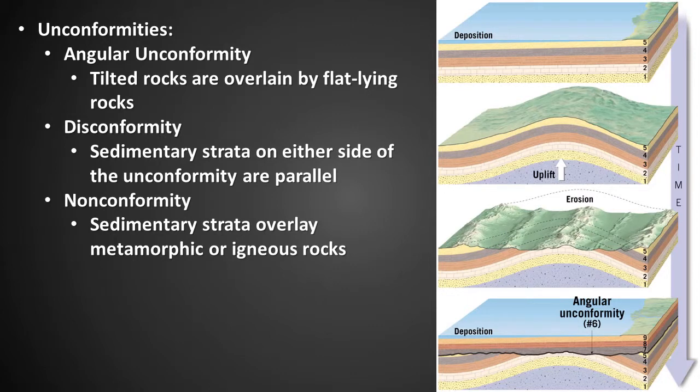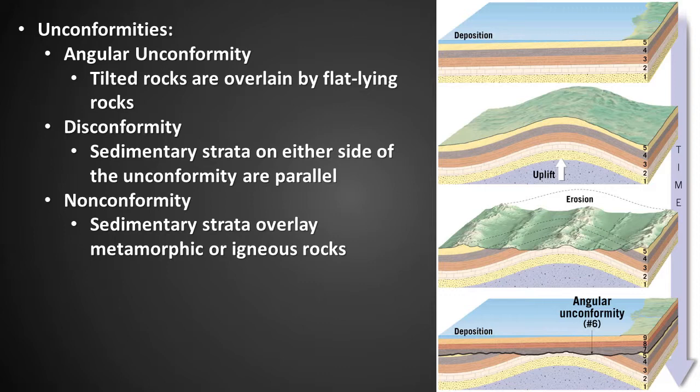What is an unconformity? Yes, an unconformity is a buried erosional or non-depositional surface separating two rock masses or strata of different ages, indicating the sediment deposition was not continuous.